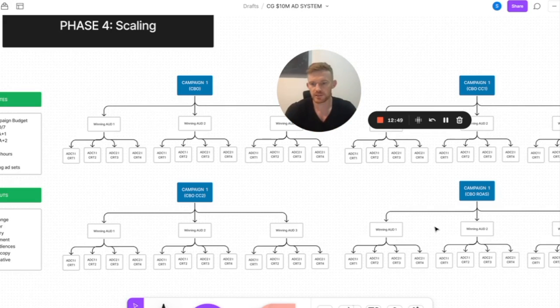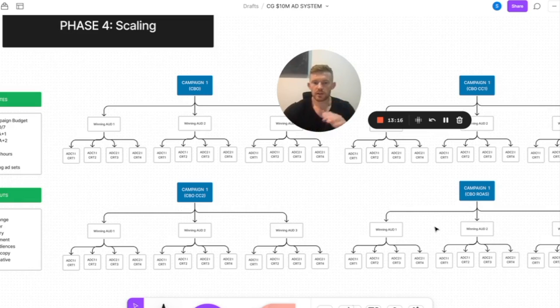So you can't just say, I want a ROAS of 10, because it's very likely that Facebook isn't going to be able to spend the budget. It's not going to be able to find placements and conversions cheap enough to get you a consistent ROAS of 10. So you need to be realistic with your ROAS, right? And that's pretty much it. So they're the 4 campaigns that we scale with typically.